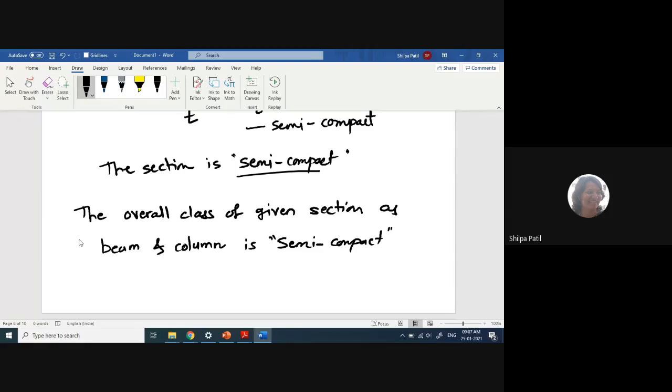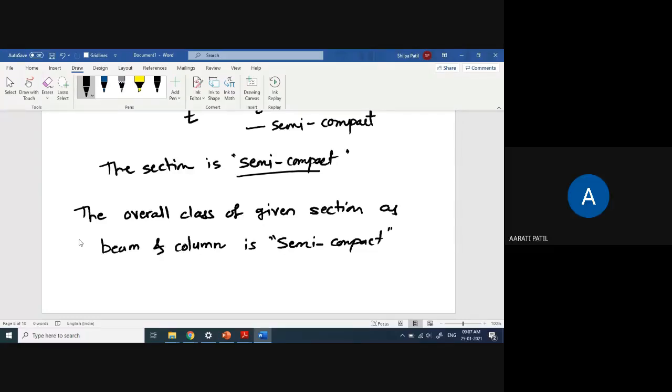So when you write in the examination, write the full statement: the overall class of the given section under compression due to bending is semi-compact, and under axial compression is also semi-compact. Is it clear, guys?